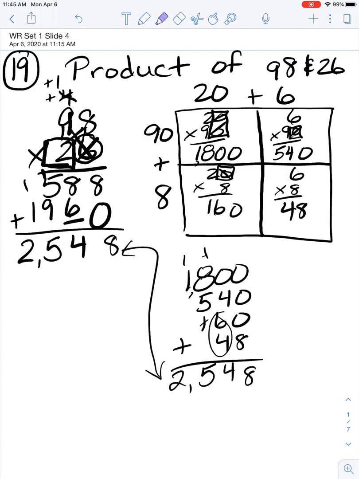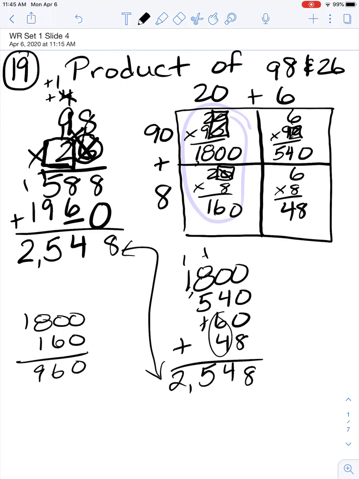Remember, if I would have taken these two and added them, it would have gotten that partial product, which is kind of cool.